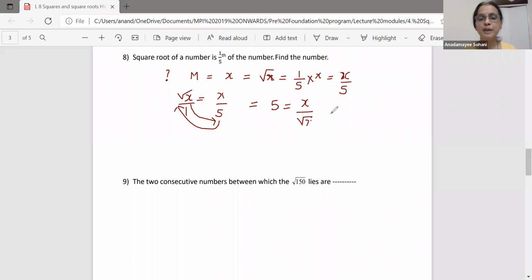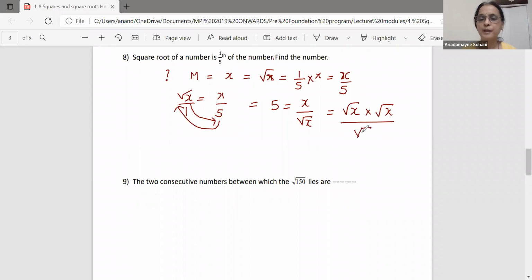Now what to do over here? Can I write x as root x into root x? Root x square is x, no? So root x into root x upon root x.